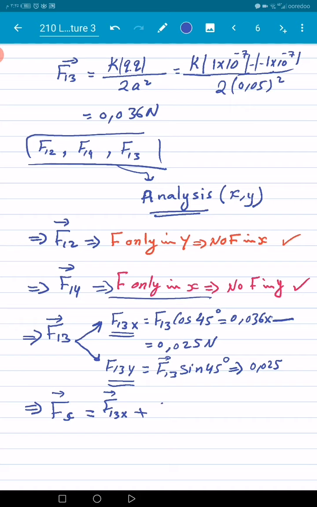And Fy, the total in y, is equal to F13y plus F12, that is the total force in y.